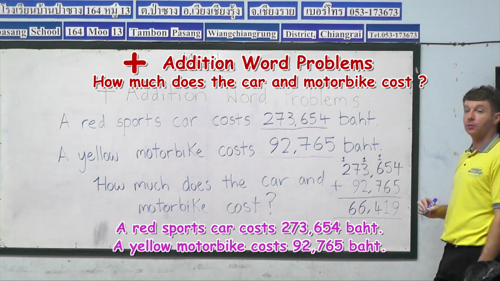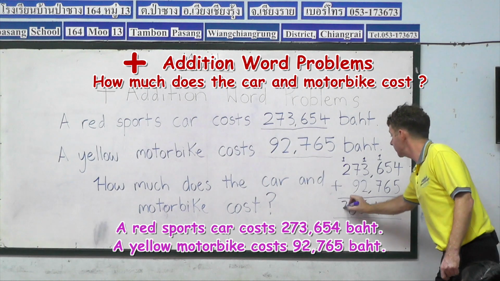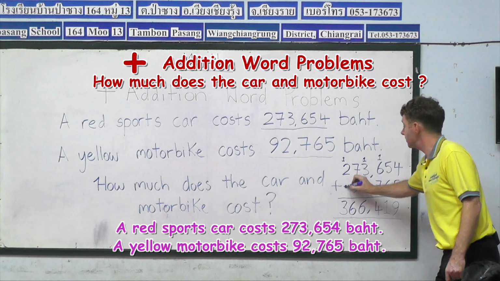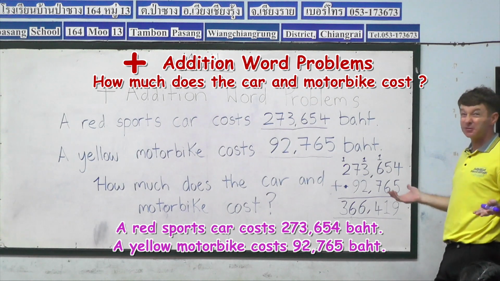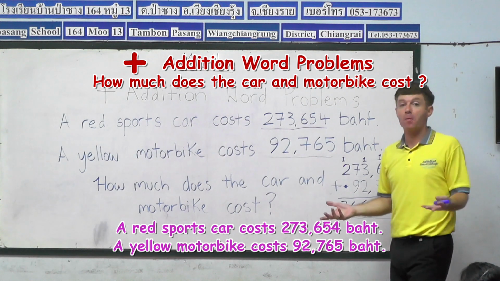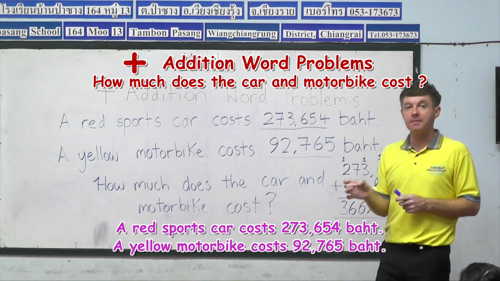1 plus 2 equals 3. And we've got no value here, so we can just write the calculation in there again. So you see, even though it's a word problem, the addition always remains the same.